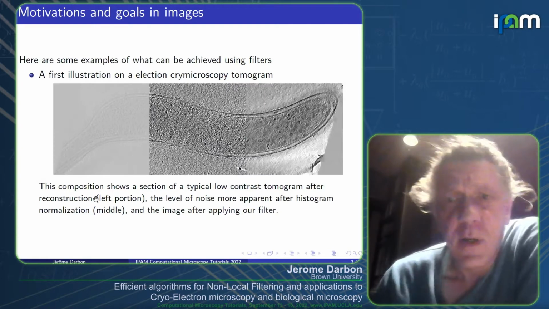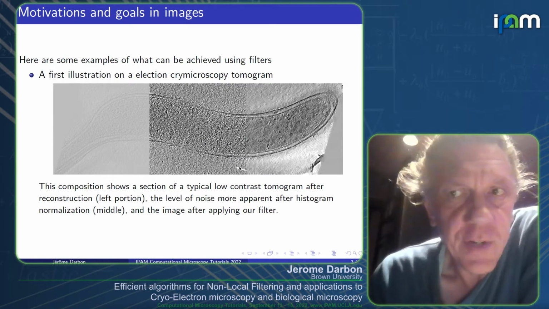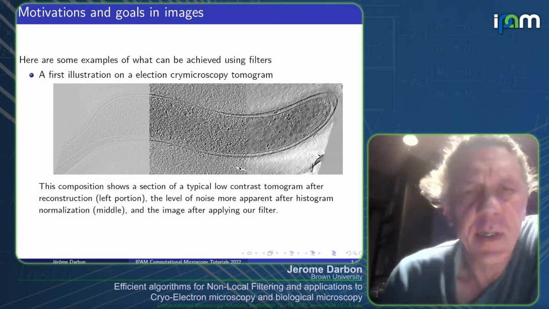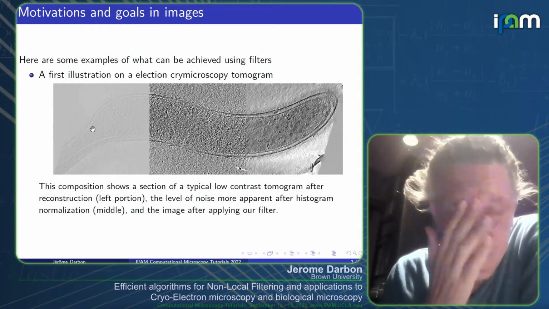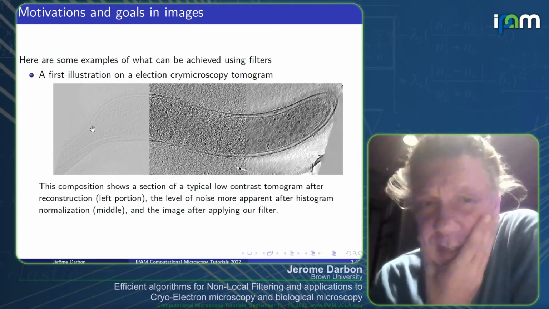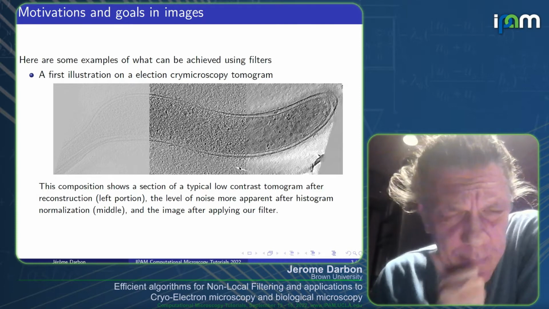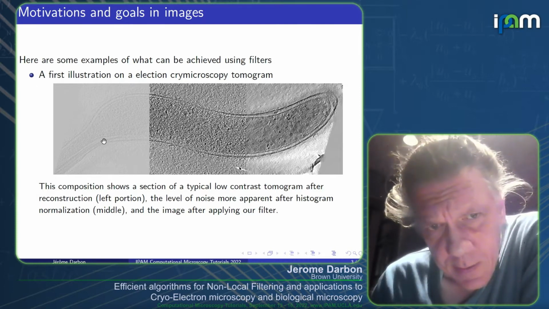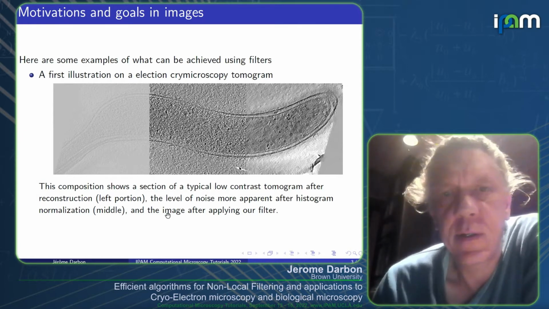Maybe it is better to give an illustration using images. So this is an image that Alex provided 15 years ago-ish about Cryo-EM. And you see on the left the original image.